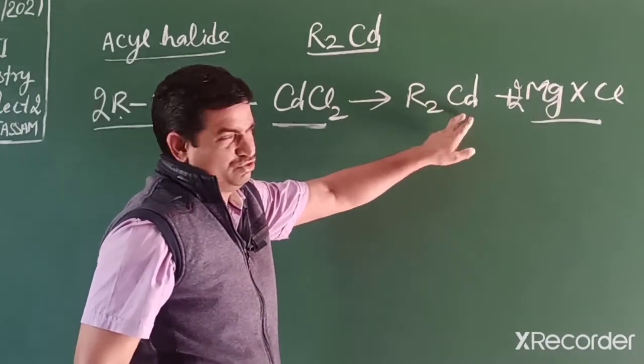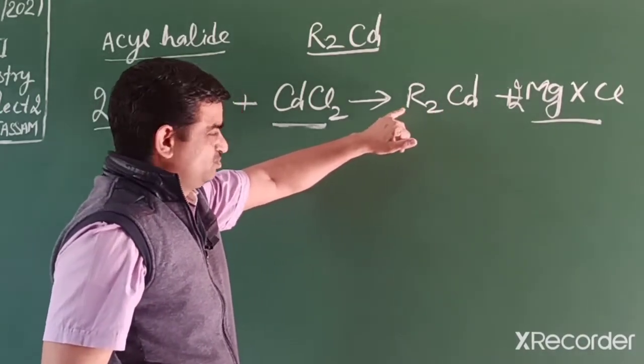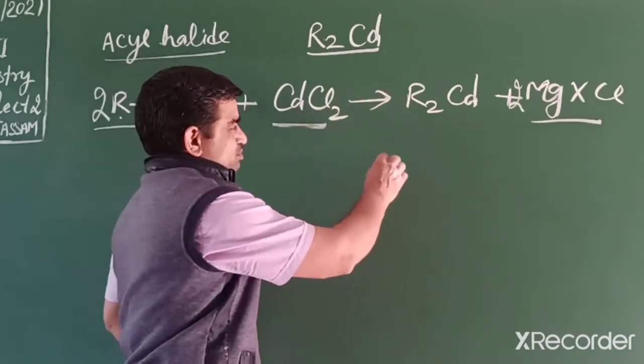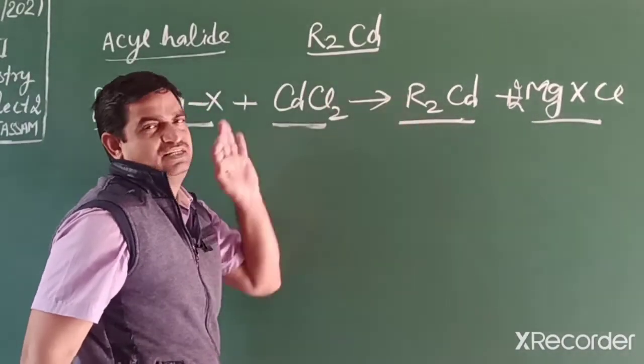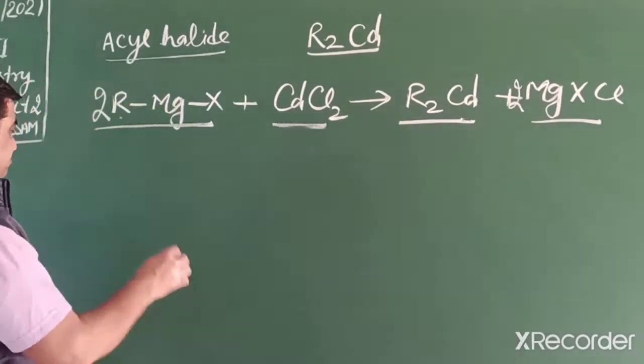Cadmium also has lower electronegativity, so carbon is more electronegative, and it is a negatively charged carbon, acting as a nucleophile, a carbanion.